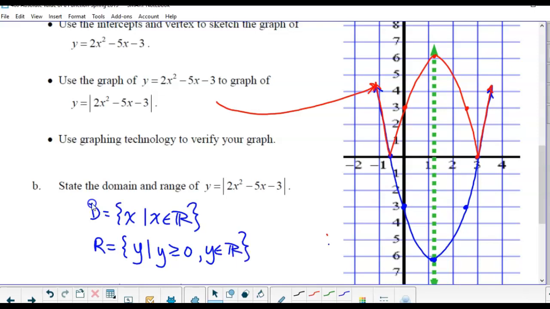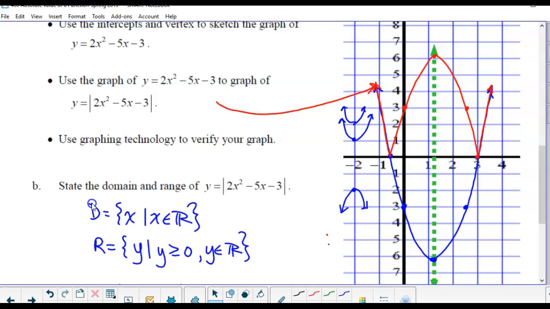The exception for that would be if you had a graph, say, that had a vertex here going up, and I were taking the absolute value of it, it's not going to change. So the range starting is going to be the same as the range of the absolute value. Here, if we had something opening down, we take the absolute value, then it's going to be up at 2 going up.